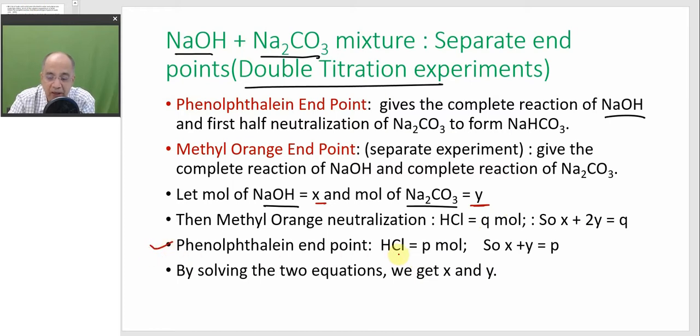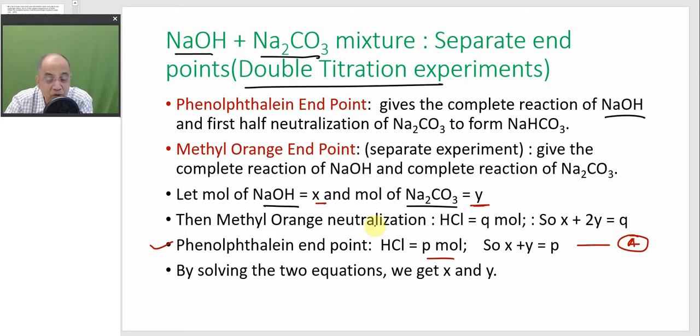Let the endpoint come, HCl required is P mole. And what is P? All sodium hydroxide will vanish and half of the sodium carbonate, because whatever HCl is required in the first step, the same is the number of moles of sodium carbonate, because that is a 1:1 ratio. You understand? So X plus Y is equal to P. So this is, say, equation A.